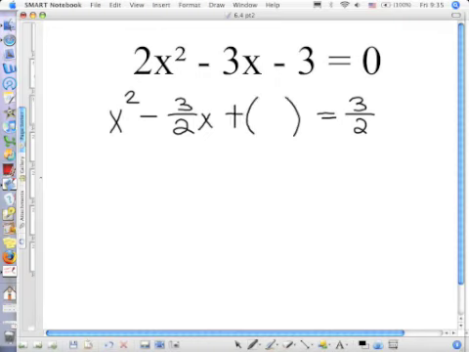And I've got to figure out what to add to both sides to complete the square. Wait, you don't have to divide that number that you're going to get by 2? Nope. I'm creating this number based off what I just did. I'm going to create this number based on my result here. I don't have to then divide it by 2.